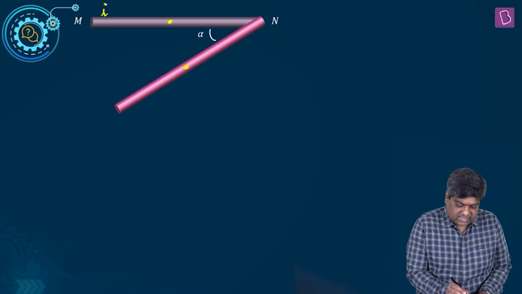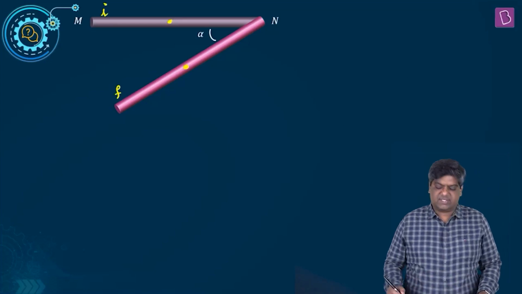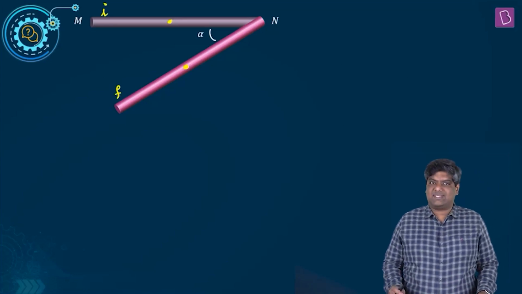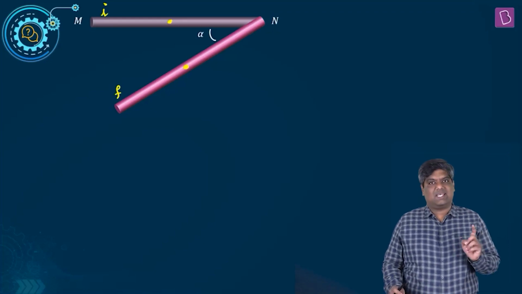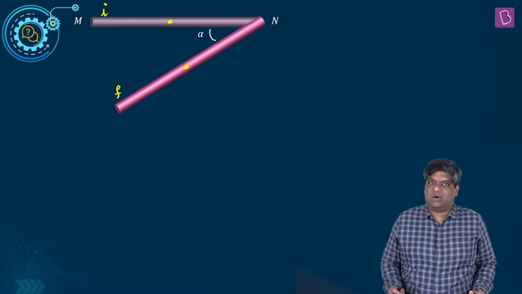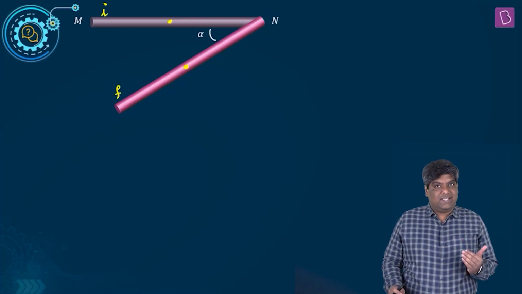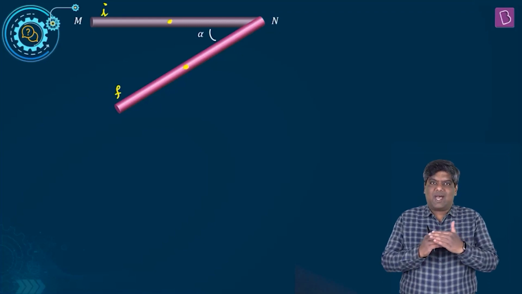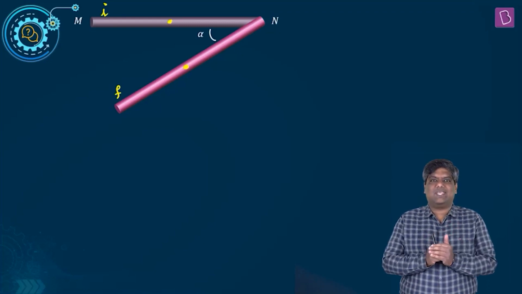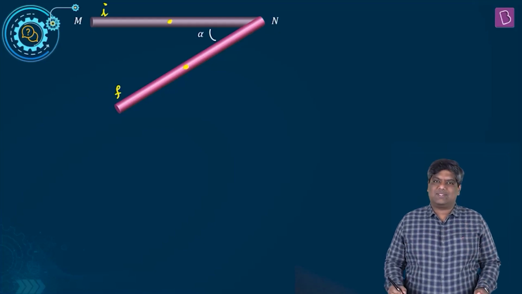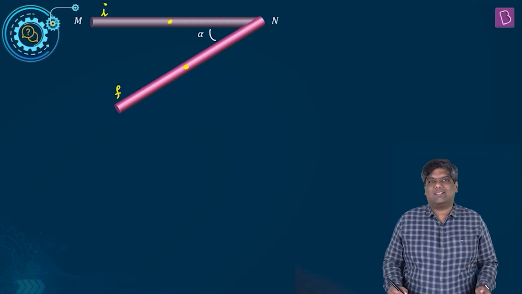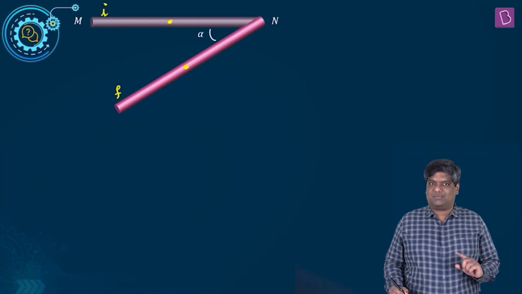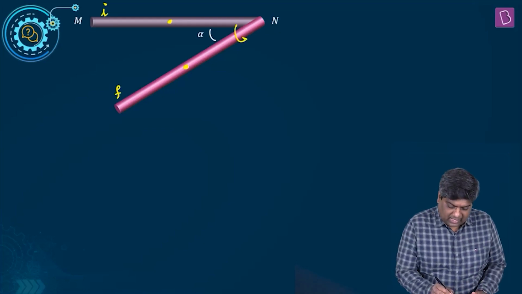So if I take this as the initial state and this as the final state, the center of mass has come down, which means the gravitational potential energy of the rod is decreasing. And where is that decreased energy going into? Well, it is going into the kinetic energy of rotation of the rod about N.